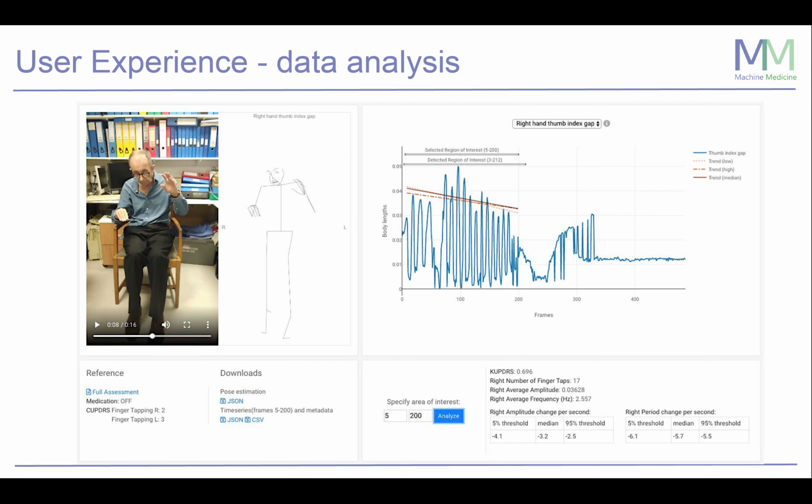And in fact, we can improve that score by either making the assessor's scores better, and that's what I think we're doing here, or by making the AI better, and by feeding the system more and more data. That's exactly what we're doing.